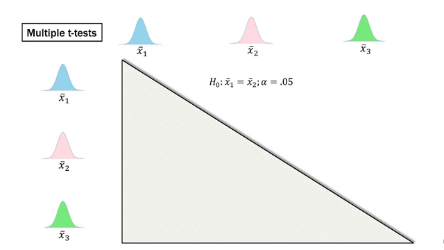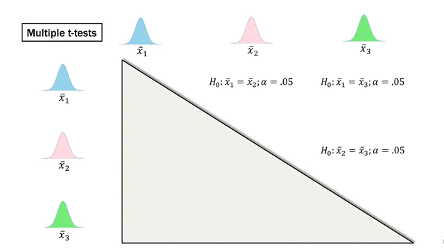So our null hypothesis would be x bar sub 1 equals x bar sub 2. We could have a t-test that tests that. Now we could also compare mean 1 and mean 3, so we'd have a t-test of x bar sub 1 equals x bar sub 3. And we could also test mean 2 and mean 3, so x bar sub 2 equals x bar sub 3.